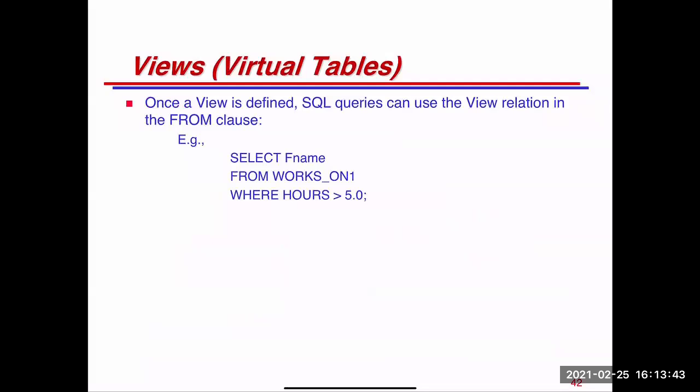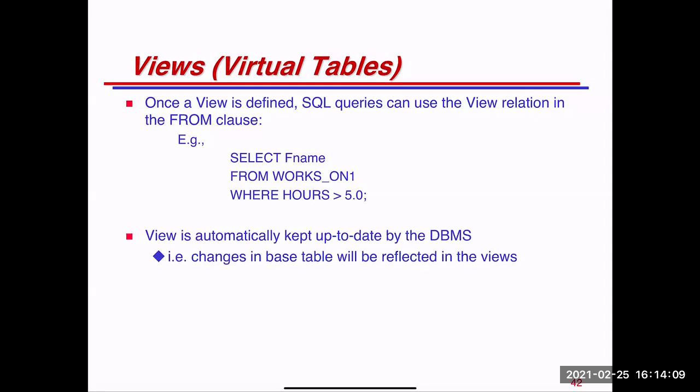Now, once we have our views, as I mentioned, we can just use them in exactly the same way as we use the base tables. So with this works on one view, I can now just select, for example, the first name attribute and have some conditions in my where clause. The nice thing, and what really makes them a killer feature of databases, is that they're kept up to date automatically by the database management system.